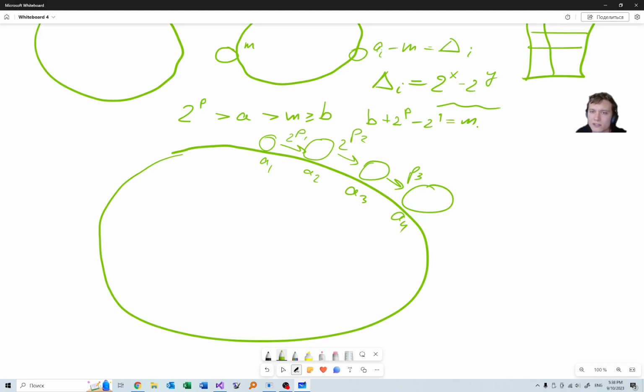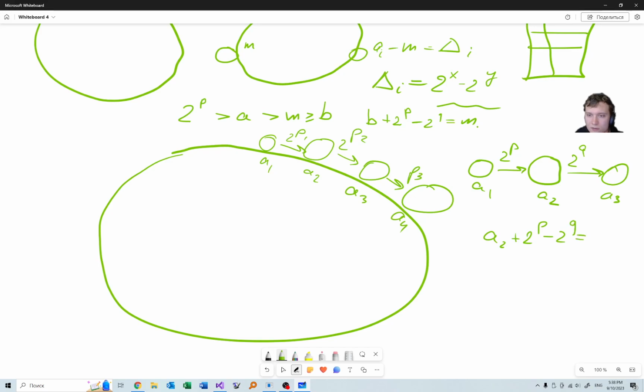Okay, maybe let's look at the minimum number, a2, and a1 gives something here, and then a2 gives something here. So it is 2 to the p and 2 to the q. So a2 plus 2 to the p minus 2 to the q equals m. Since a2 is the minimum number, we clearly have that p is greater than q.